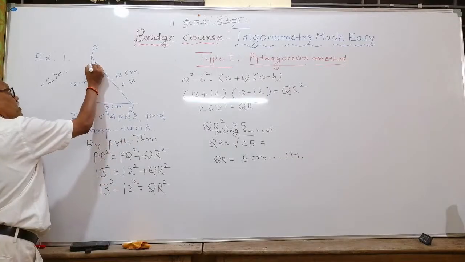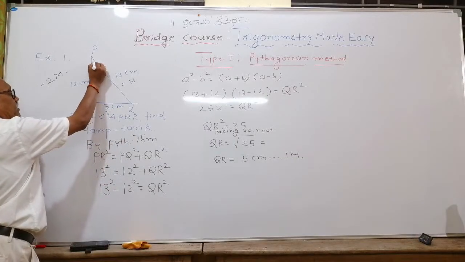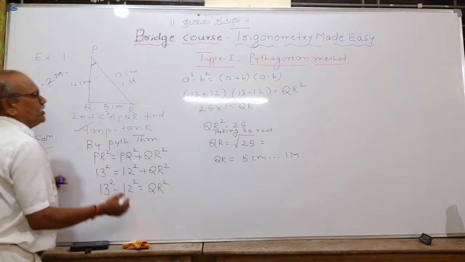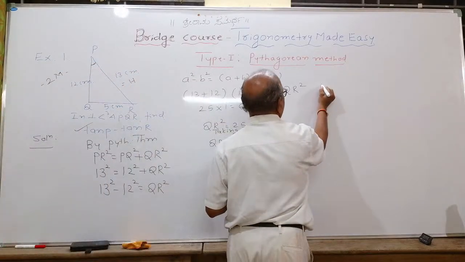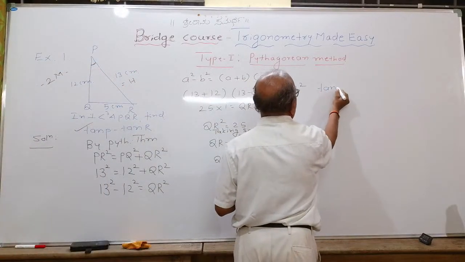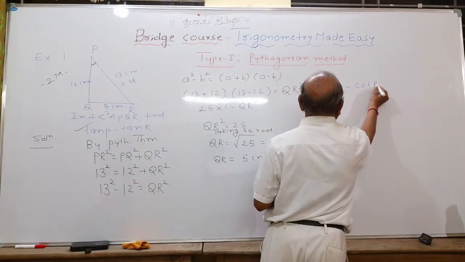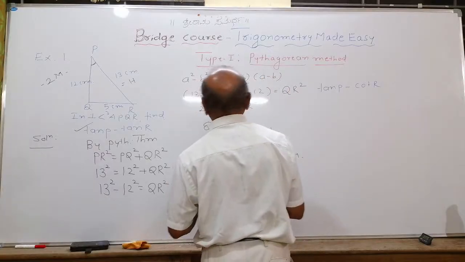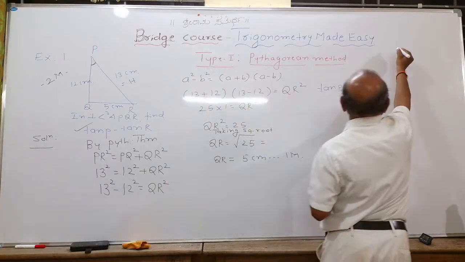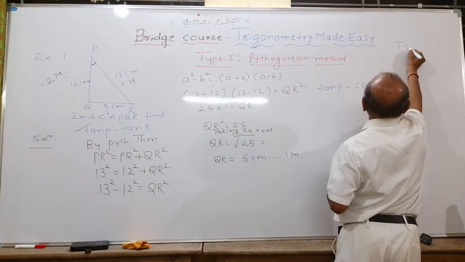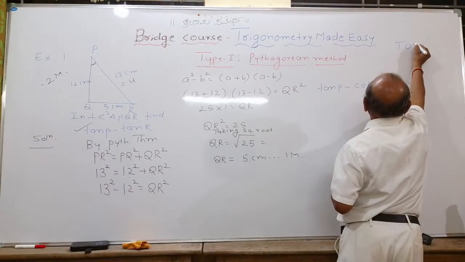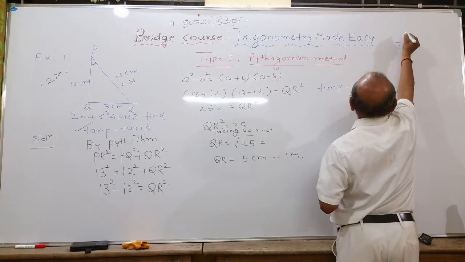See, tan P, when you take this one as P, right? What is tan P in the figure? Tan P minus cot R. Recall the definition. What is the definition of tan P? I told you, tan is equal to opposite upon adjacent.